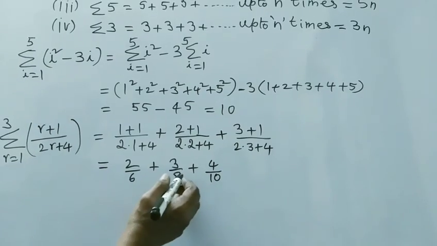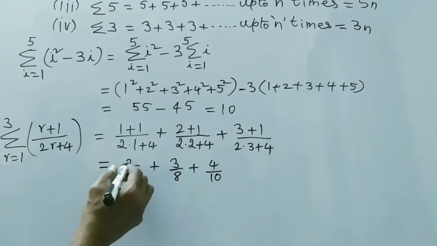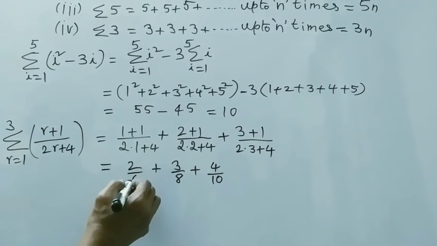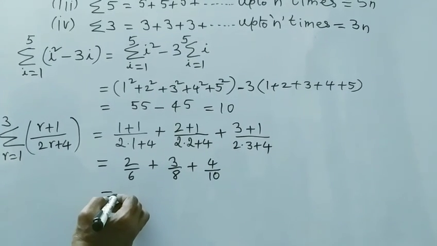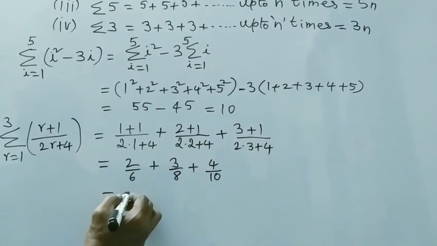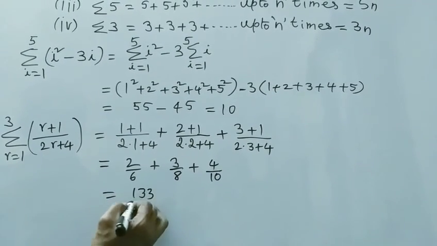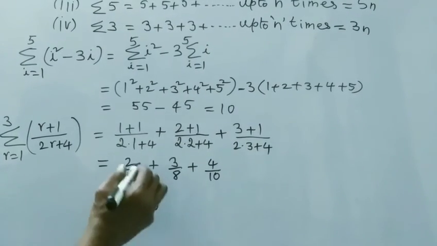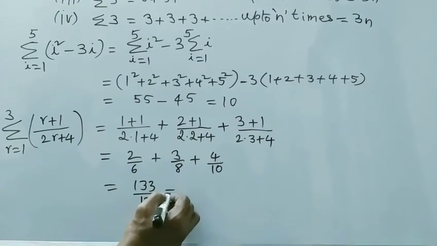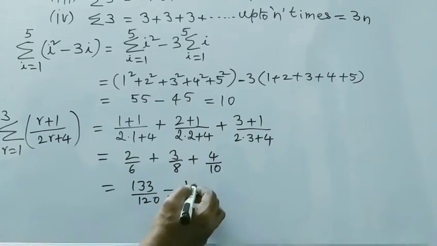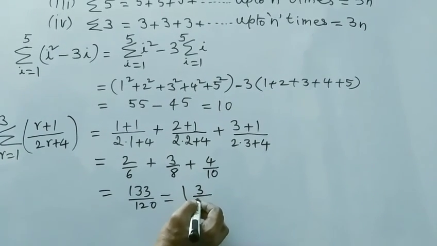On simplification of these fractions, 2 by 6, 3 by 8 plus 4 by 10 is equal to 133 by 120.